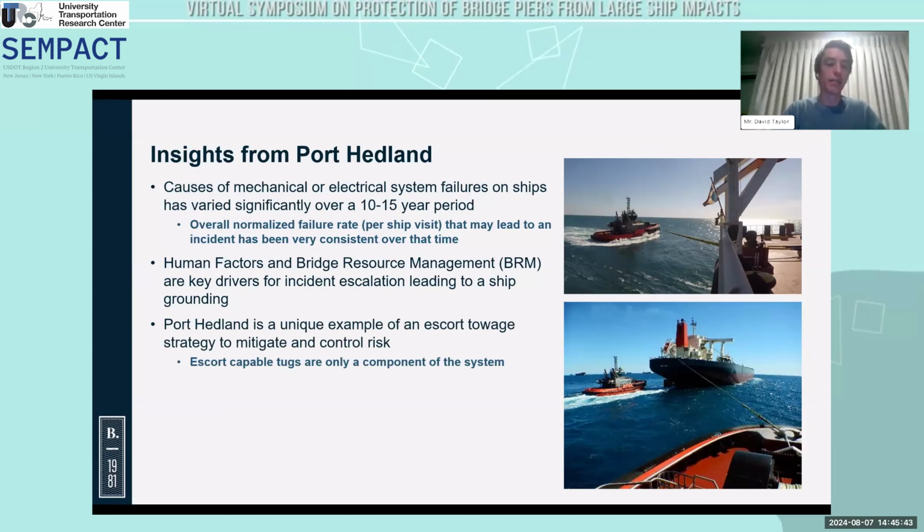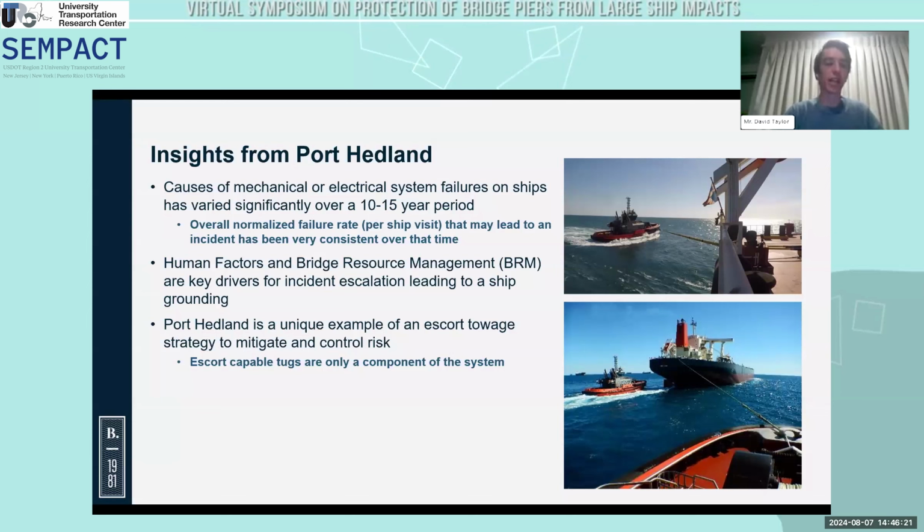But a key thing to understand is that escort towage is really only one component in the risk control framework, because you can have the escort capable tug, but without the right process and without the control and bridge resource management, so without the right practices and procedures being implemented, it can have a relatively low effectiveness factor.